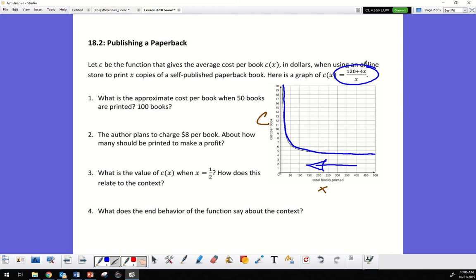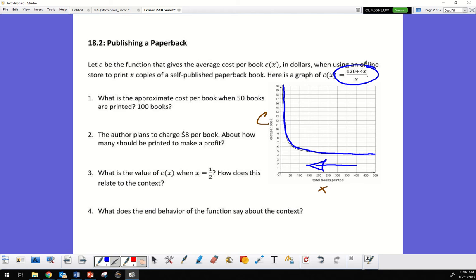So the more books you buy, the cheaper it is per book. So if you buy 500 books, it's going to be about $4 a book, right? Yes. But if you buy, like, let's say 25 is somewhere in here, it's going to be closer to $10, $11, $12 per book. So that's important.